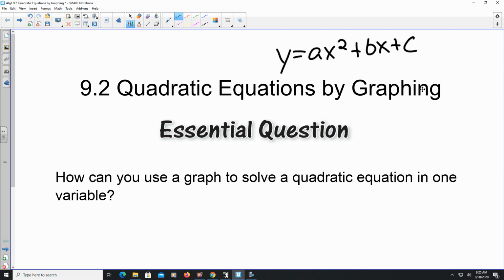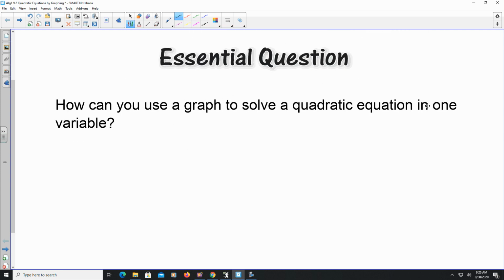What I asked you to do was find certain pieces. The first thing was to tell me what A, B, and C equaled, which we could easily find through the equation.